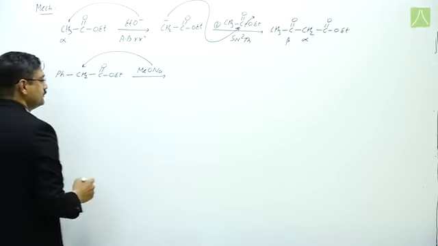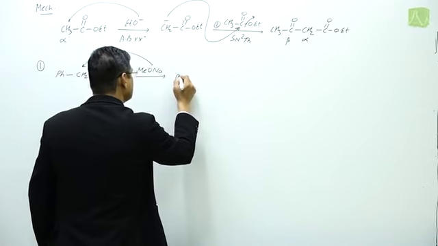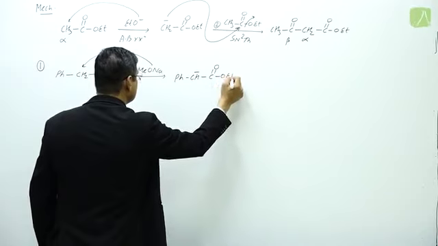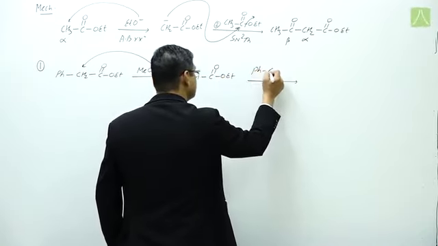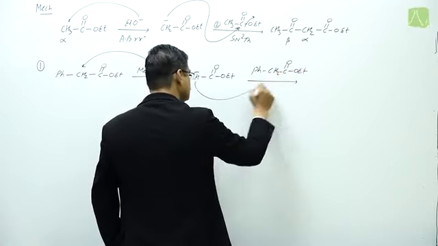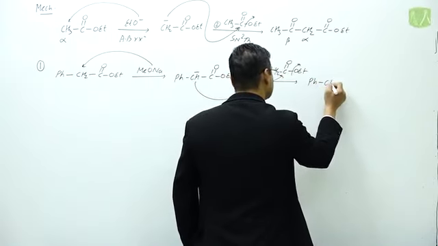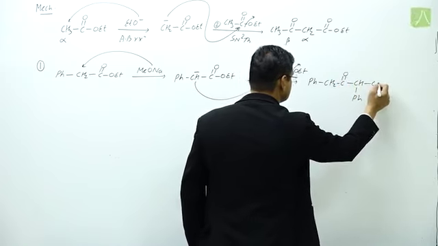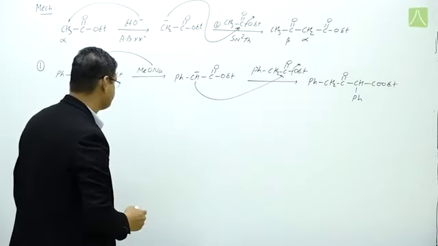So, alpha H is removed, PhCHCOEt. Now, in reaction with the second molecule, substitution takes place. The final product is like this. This is again beta keto ester.